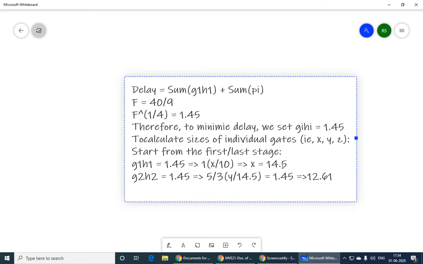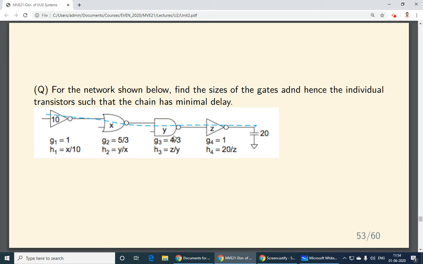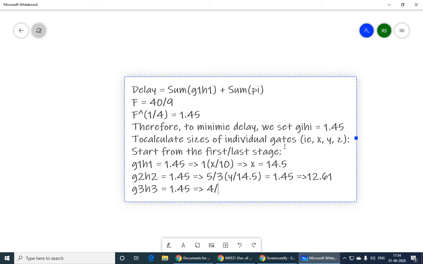12.61. Now G3H3 is also equal to 1.45, which means, what is the value of G3? 4/3 into Z divided by Y, which is 12.61, equal to 1.45.